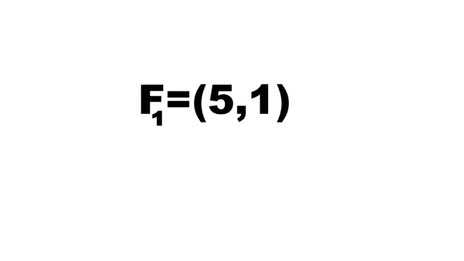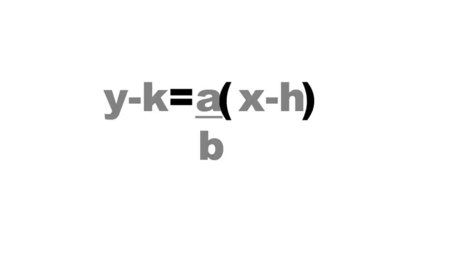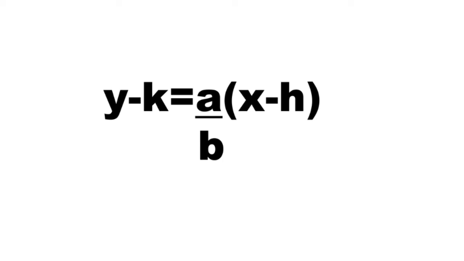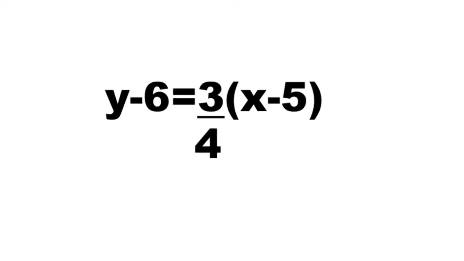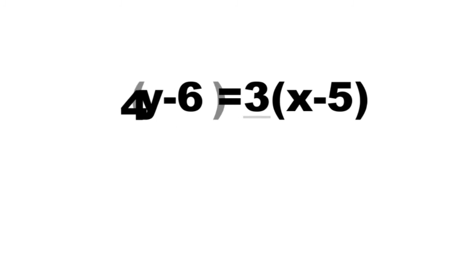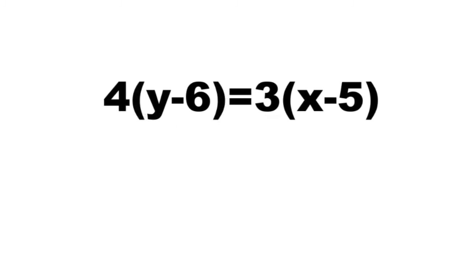For the equation of the asymptote lines, we have y minus k equals a over b times quantity x minus h. Substituting the derived values, we have y minus 6 equals 3 over 4 times quantity x minus 5. Transpose 4 to the left as a multiplier, so we have 4 times quantity y minus 6 equals 3 times quantity x minus 5.